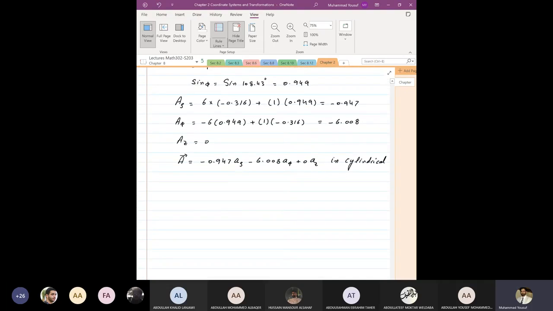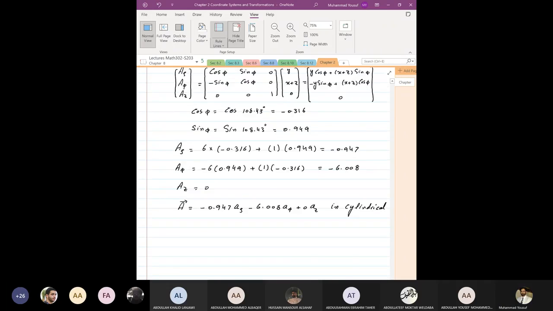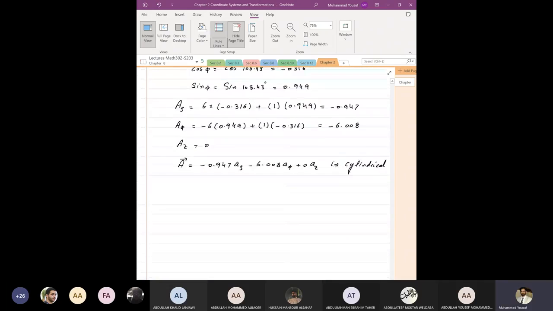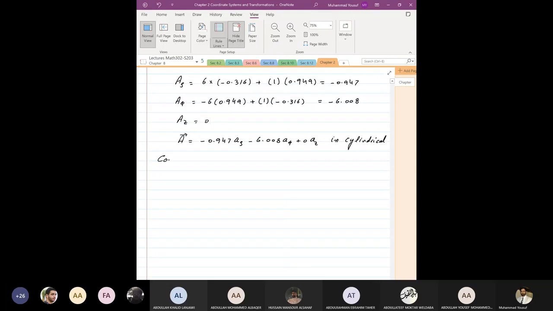So now the third one is what I have written: convert vector A to spherical coordinates.